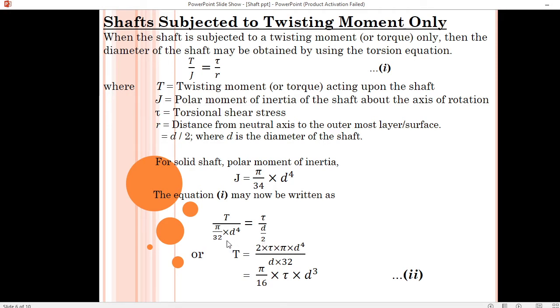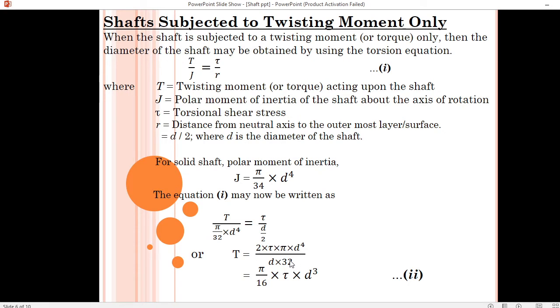So everything gets multiplied and we see what T is. The pi gets multiplied here and d to the power 4 also. Next, this 2 gets multiplied in the upper side, and as this 32 is multiplied here, it will get divided in the other part. So 2 into pi into tau into d to the power 4 divided by d into 32.